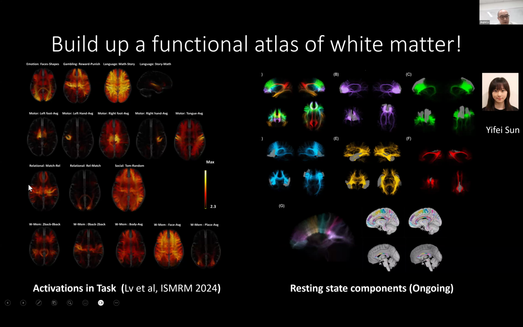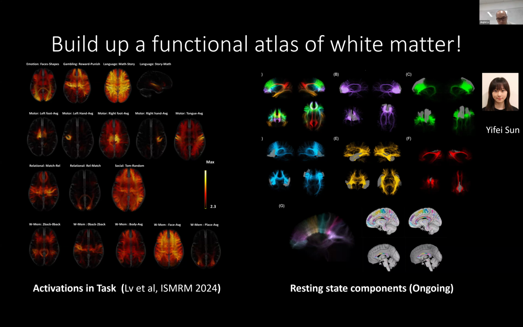She's using the ICA method to decompose the group-wise Tract-DFC into different components. We did see a lot of interesting patterns, interesting combinations of fiber bundles. This shows us that there is some functional specificity in the white matter fiber bundles.